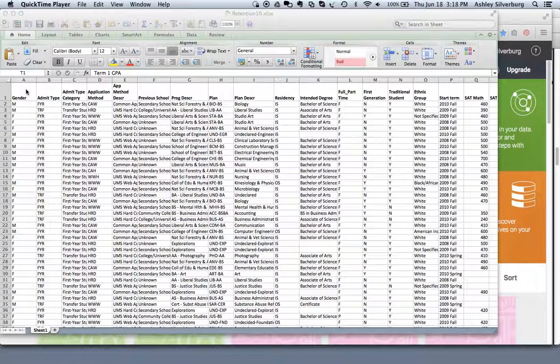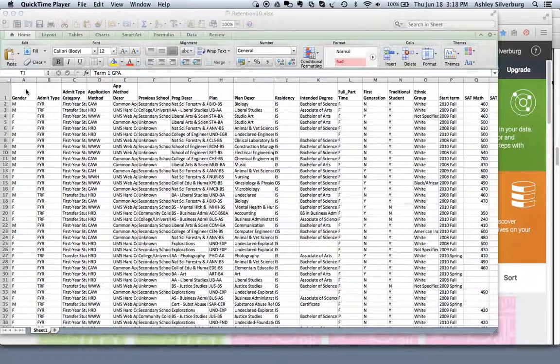Let's take a look at the retention data set that I've uploaded into Watson Analytics. This is just a subset of the data in our retention model. Our model contains many measures which let you see things like how many terms a student attended, his GPA, what degree he ultimately got, how many units he had by term, and really gives you a whole picture of the student's career.